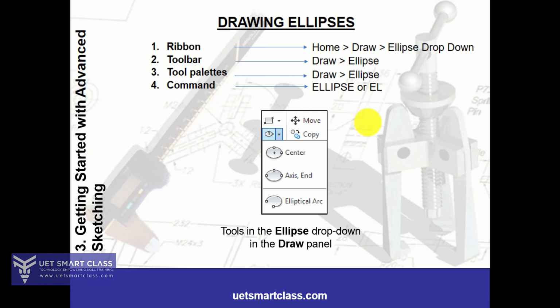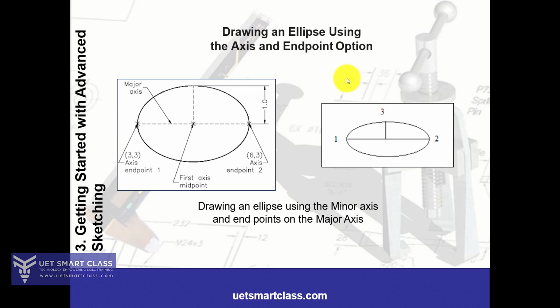Those 2 points determine the location and length of the first axis. The third point, which is the end point, determines the distance between the center of the ellipse and the endpoint of the second axis. When you start your ellipse command, this would be your first point, this would be your second point.